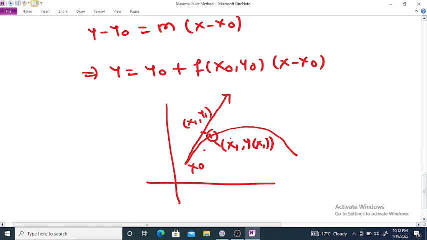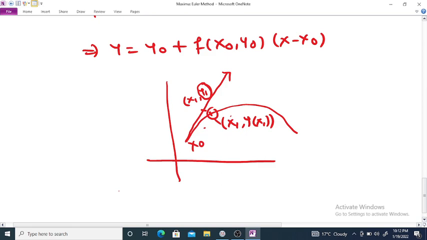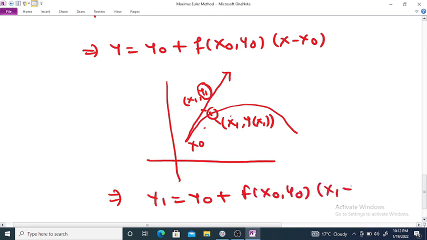This is an approximate solution, but you can observe that this approximate solution is very close to the exact solution, and therefore if we put here x is equal to x1, then we get y equal to y1. So y1 is equal to y0 plus f of x0, y0 times (x1 minus x0).